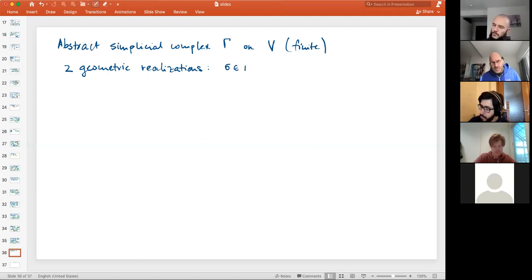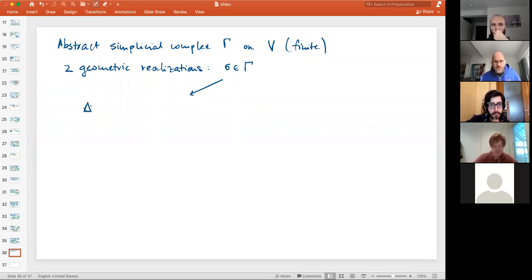So if this is a simplex in gamma, in the abstract sense this is just some subset of V, right? Starting with the simplex, I can realize this as a unimodular simplex.